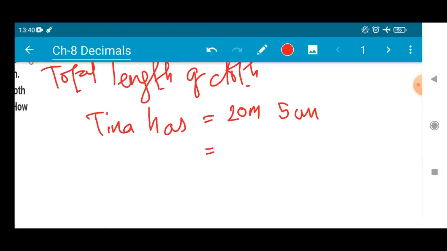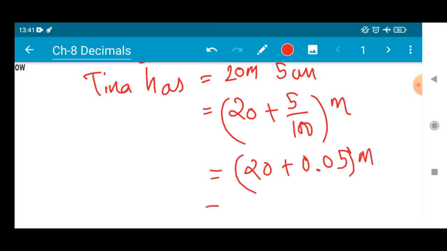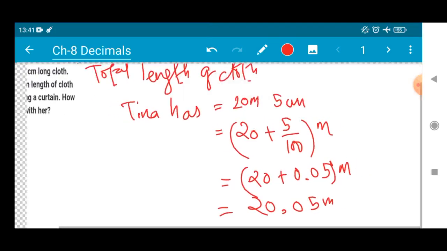Either you convert into meter or in centimeter. Alright, so 20 plus 5 by 100 is equal to, this will be converted into meter because we are converting centimeter value into meter. So 20 plus 0.05. If I add this value, I'll be getting 20.05 meter. So this is the total length of the cloth Tina has.